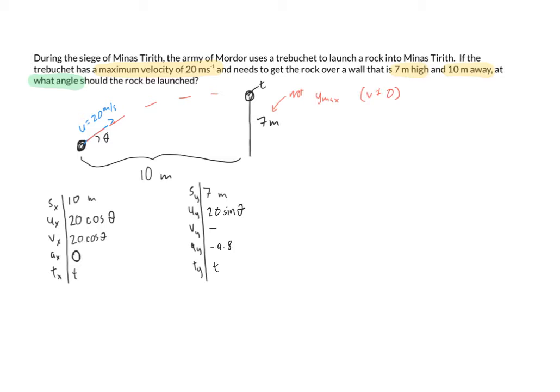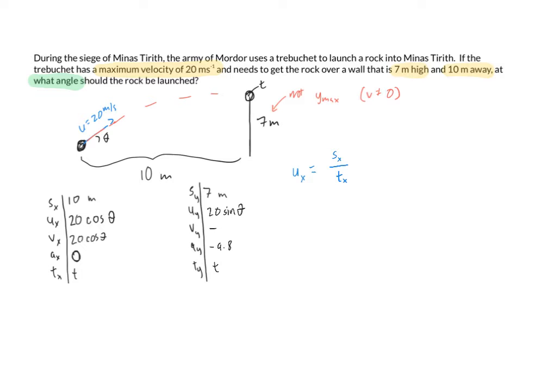So, let's go ahead and solve this out. In the x direction, I am going to use the definition of velocity in order to write an equation using my angle and my displacement and my time. And so I know that u in the x direction is equal to displacement in the x direction divided by time in the x direction.